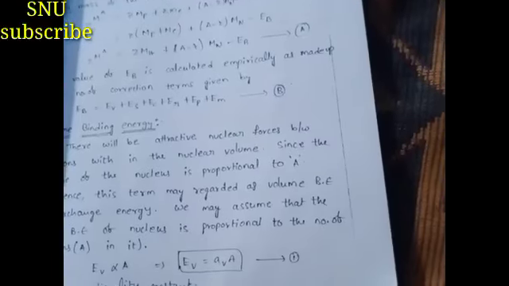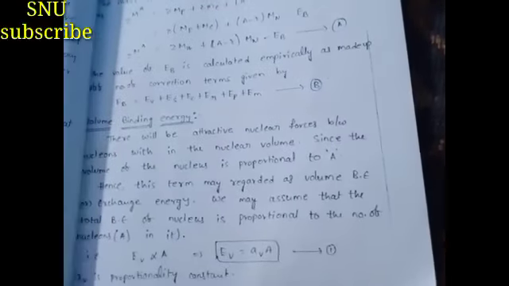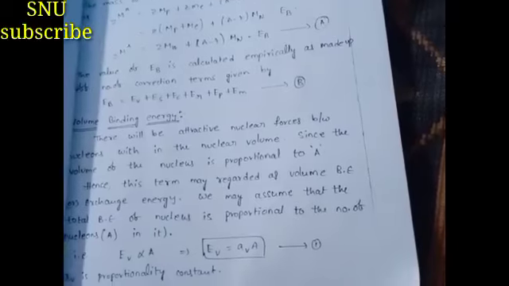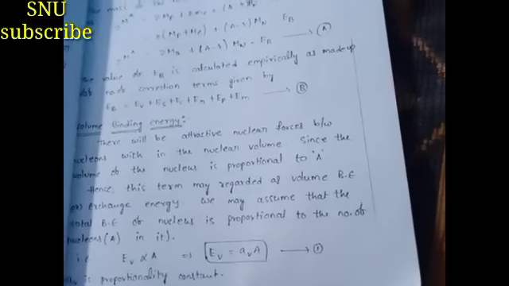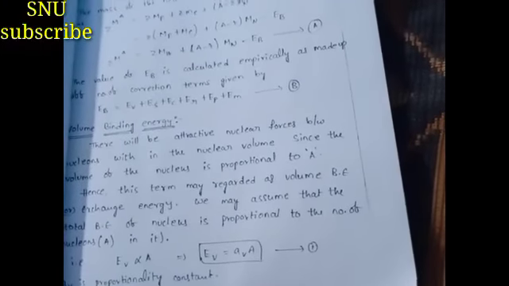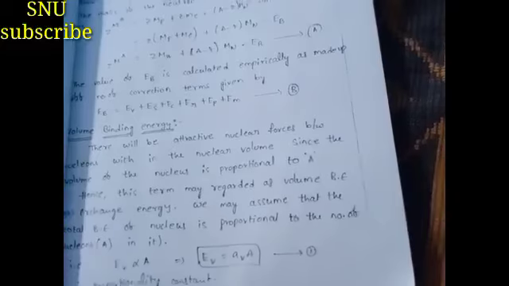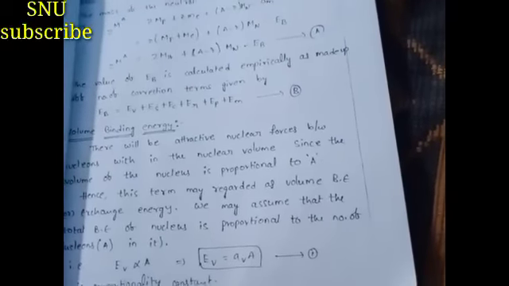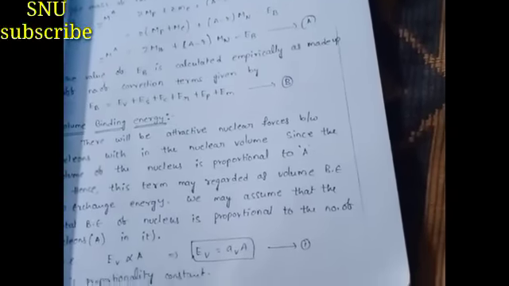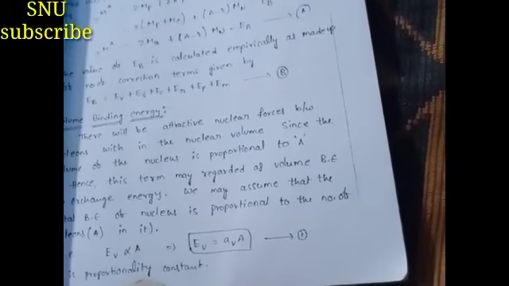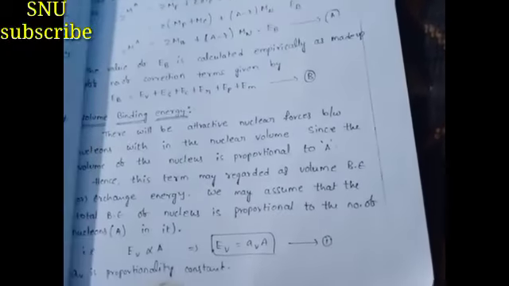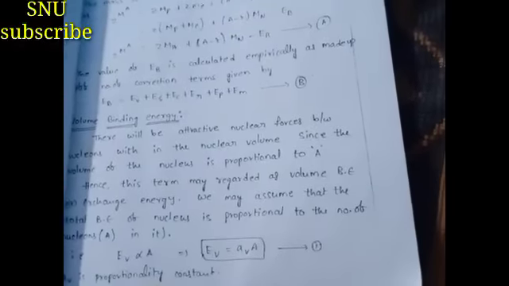We may assume that the total binding energy of the nucleus is proportional to the number of nucleons A in it. That is, EV is directly proportional to A. This gives rise to EV is equal to AV A. This is equation 1. AV is the proportionality constant.